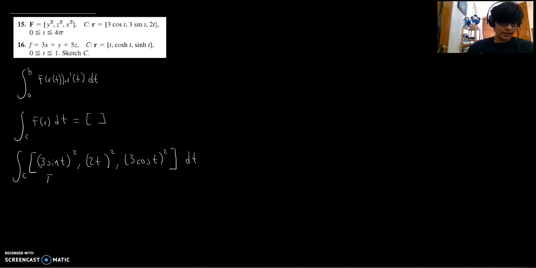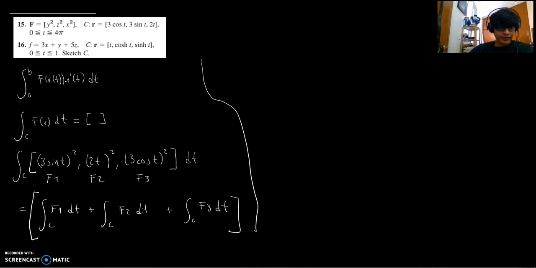So let's say this is f1, this is f2, and this is f3, and hence you just need to do these kind of things: the integral on the curve of f1 dt, plus the integral on the curve of f2 dt, plus the integral on c of f3 dt, and this will give us a vector, just as easy as that. We will not be solving this, it's just to understand the concept of this kind of integral.